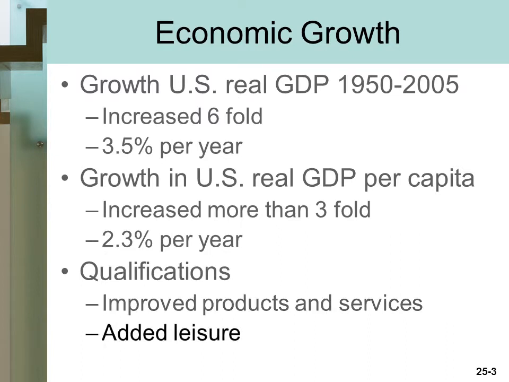We also said that we work less as human beings here in the United States, so we've had much more added leisure time, and that's not in the numbers there. And finally, is real GDP and per capita GDP the only way to measure the health and well-being of humans living here?